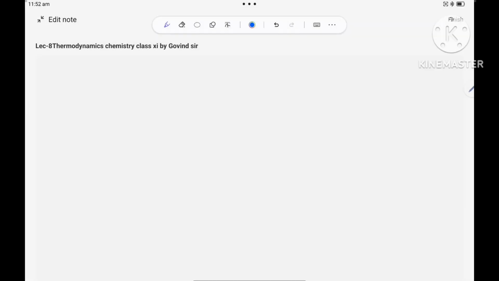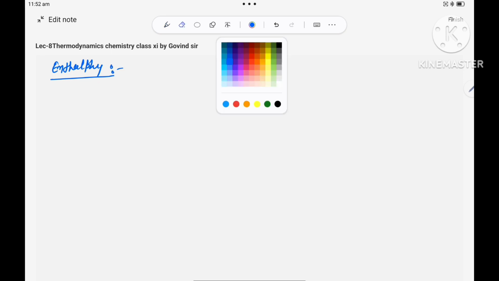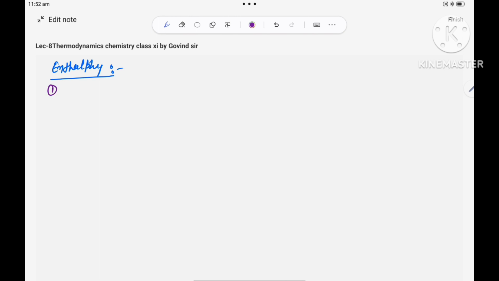Let's talk about enthalpy once again. A few points related to enthalpy. First point, H is a state function.